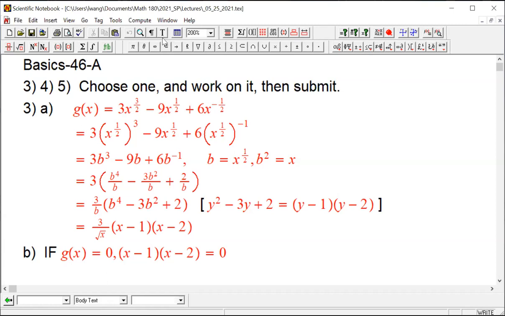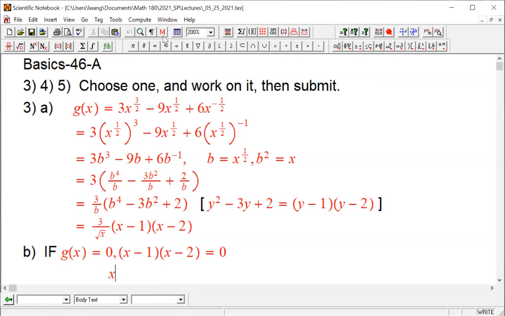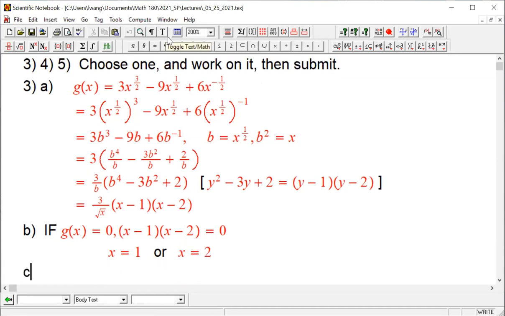And of course, x equals 1 or x equals 2. Okay, and C, last but not least, you basically determine the domain. The domain would be x larger than 0.